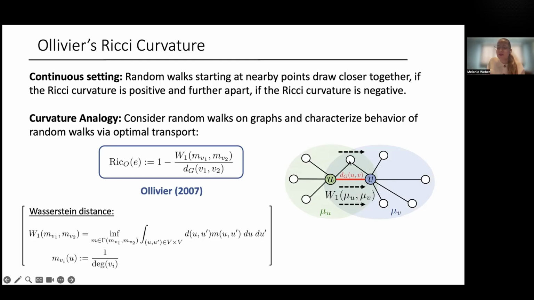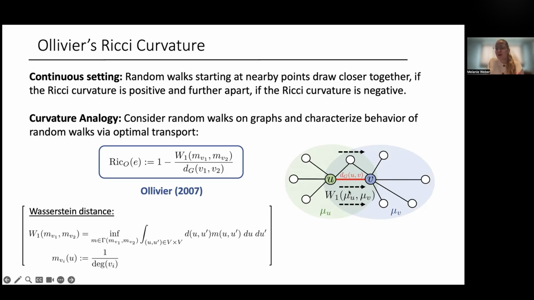And if we have a lot of joint neighbors, so if we're in a densely connected region of the graph, then it's very likely that the random walk will sort of jump from the neighborhood of U to the neighborhood of V and back and forth. So it will stay close by.